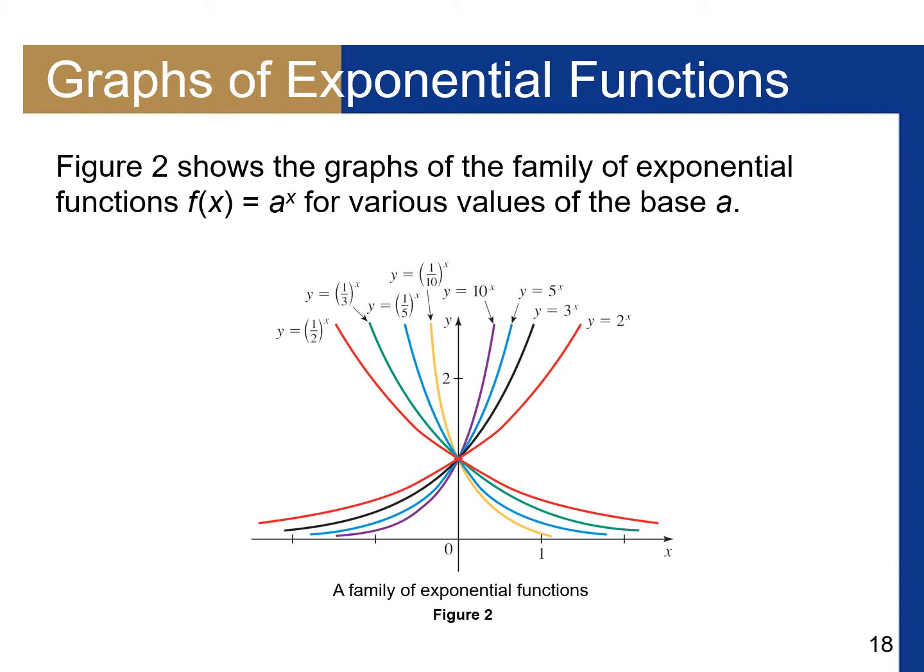So this right here is a great graph to know, at least understand. You will see here that I have y equals 2 to the x on this side. And then if I take that about the y-axis, I get my 1/2 to the x.